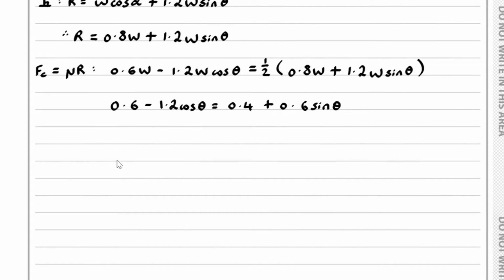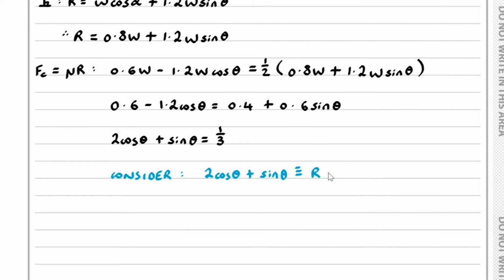And so if I rearrange, I have 2 cos theta plus sine theta equals 1/3. Now let's consider what we've got on the left hand side. 2 cos theta plus sine theta is equivalent to R times the cosine of theta minus x.